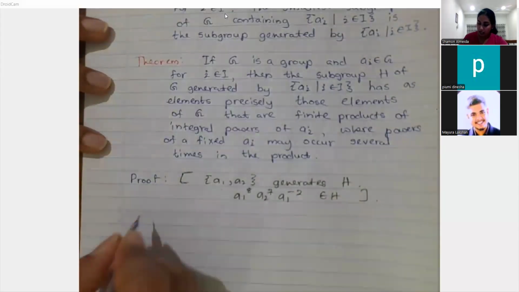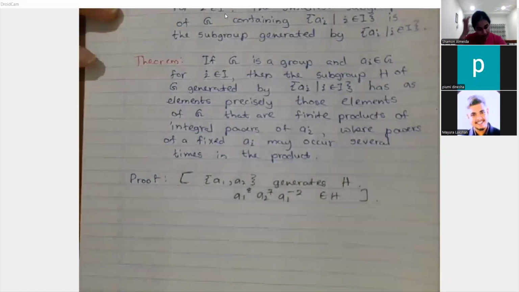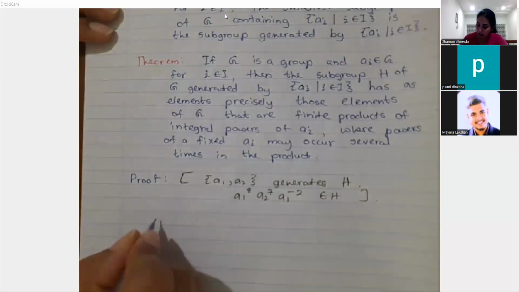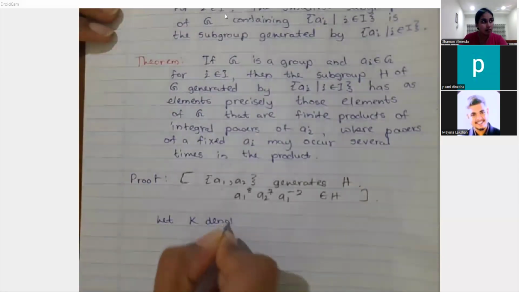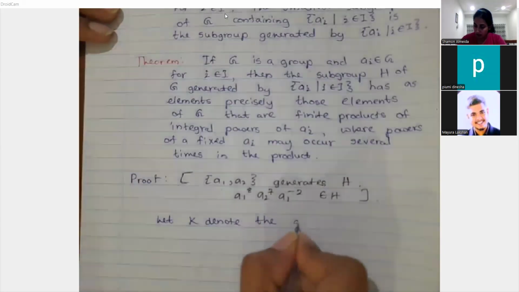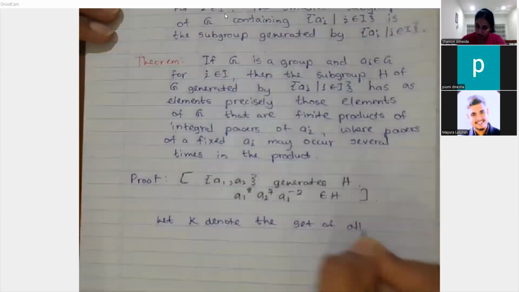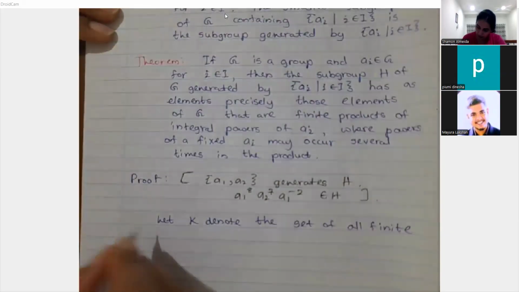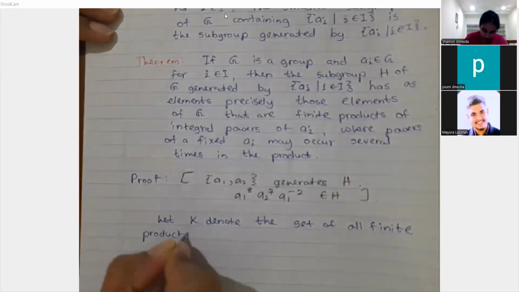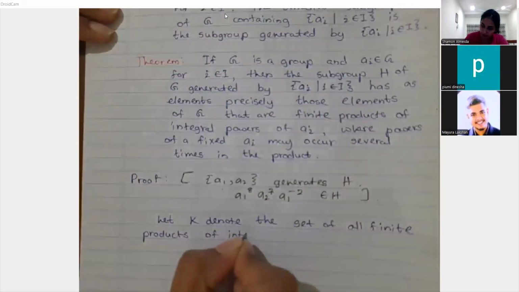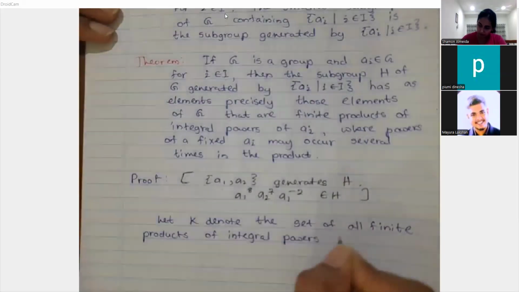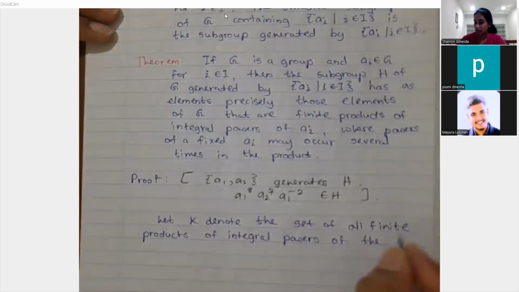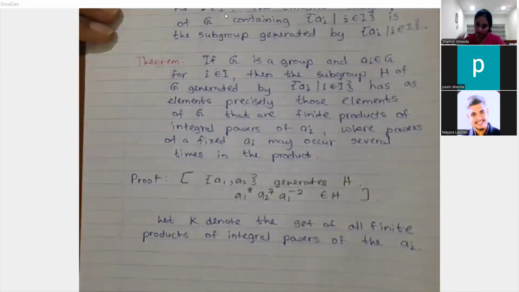Now what we are going to do is take K to be the set of all finite products of integer powers of a_i. So let K denote the set of all finite products of integral powers of the a_i, right?